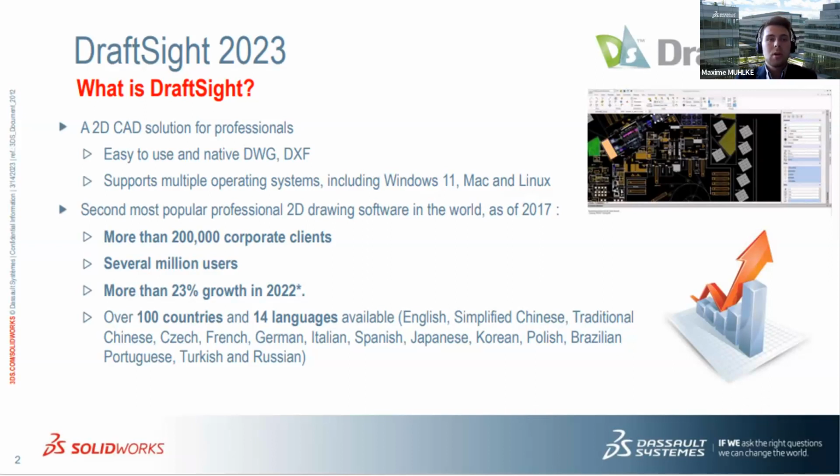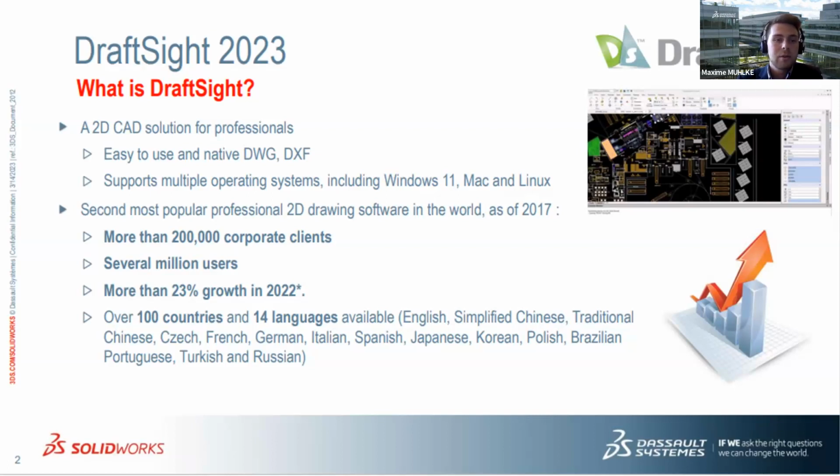There are multiple systems working with DraftSight, including Windows 11, Mac, and Linux. And as of 2017, DraftSight is nowadays the second most popular professional 2D drawing software in the world, with more than 200,000 corporate clients and several millions of users.